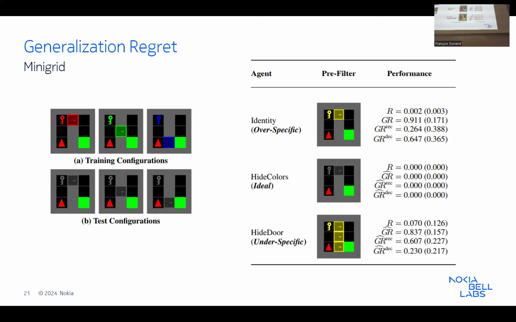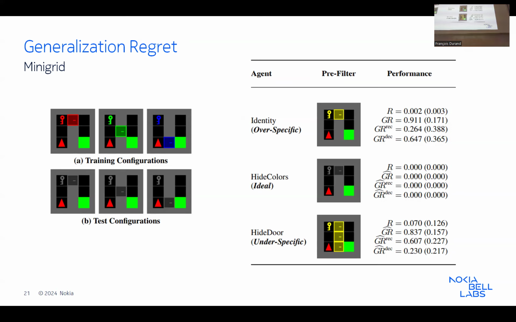So what we see here is that with the first one, we're over-specific. We have a high decision regret and a low recognition regret because the agent picked up on the irrelevant information, which was the color. However, if we hid the colors and did the training, then all our regrets were 0.